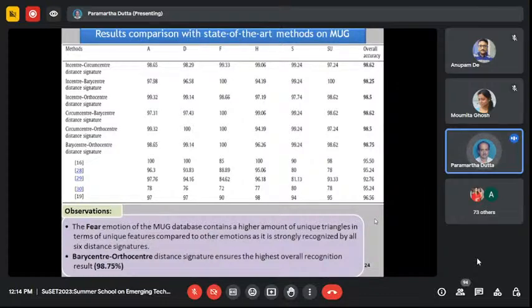Please recall, the same classifier, when applied on CK plus, the performance on fear was very much awkward. But for the same fear emotion in the MUG dataset, our classifier is performing nicely.